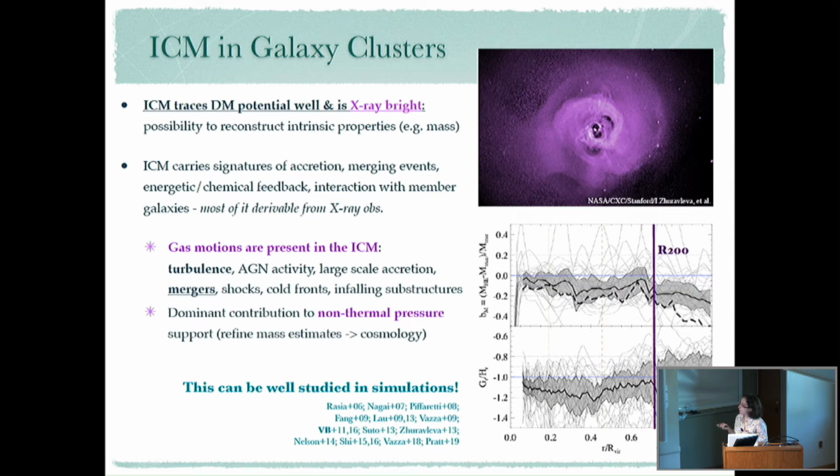And you can compare this kind of profile, which is a median over a sample of clusters, to the expected mass bias, which relies on different assumptions. For instance, it includes as well the non-thermal pressure support of the gas. And results from this work just showed that, on average, within the boundary of the clusters, the deviation of hydrostatic equilibrium traces quite well the mass bias, and they are both within 10 or 20% level of deviation.